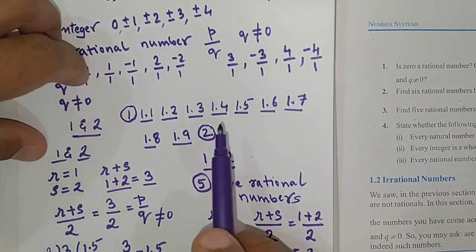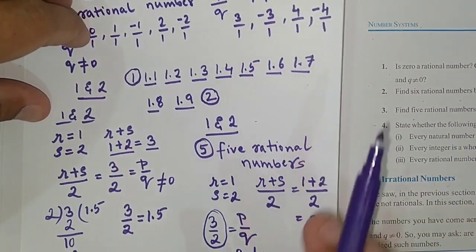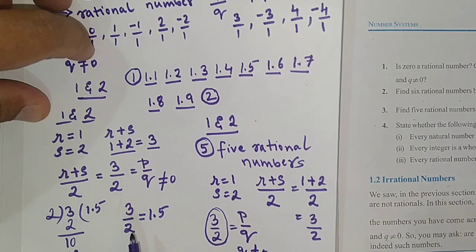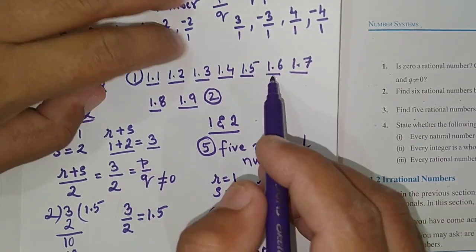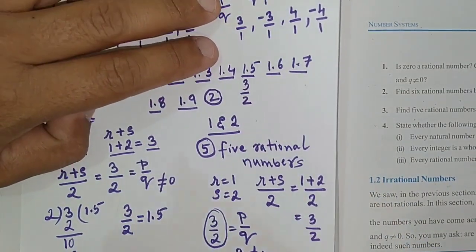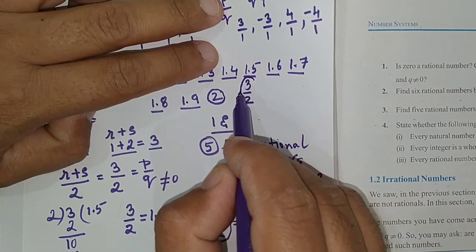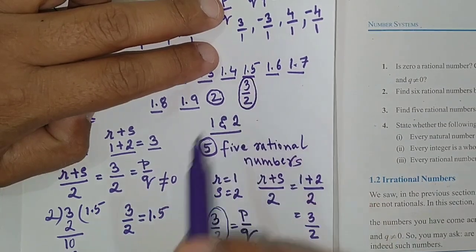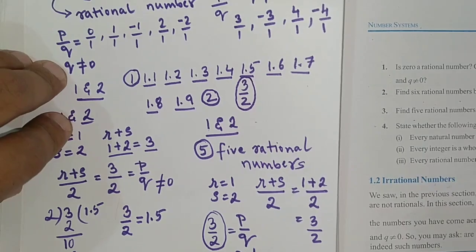Now 3 by 2 is equal to 1.5, so you got one rational number, 3 by 2.